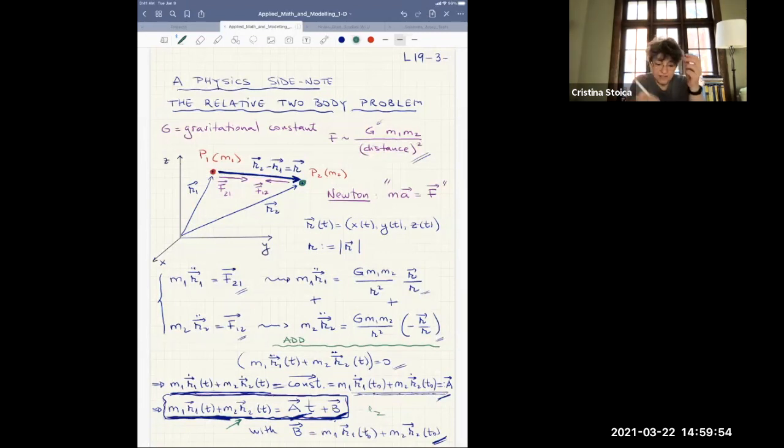Then with this relation, I will have two unknowns with two equations. R1 and R2 are the two vector unknowns; their sum weighted by the masses is known, and their difference is known as well. So I'm in business.